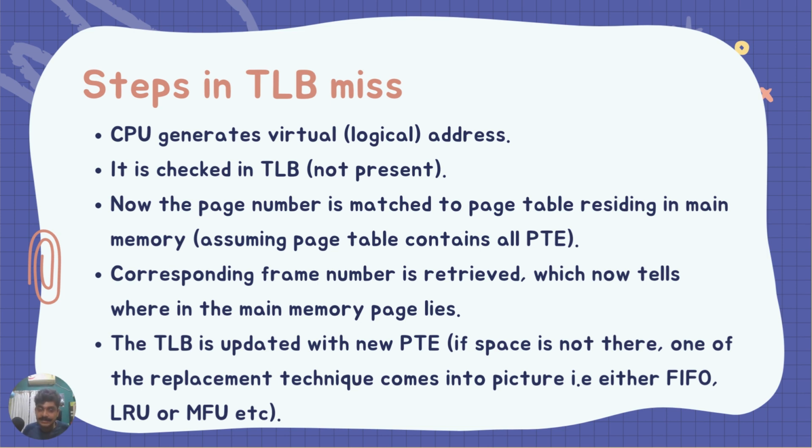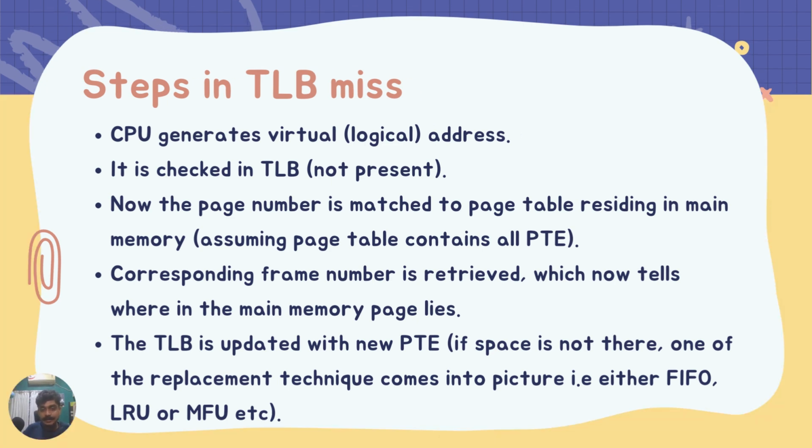LRU is least recently used, which means the entry that was not used for a long time is the one that is removed first, and most frequently used is the one that is being used a lot now, which is retained or removed. So these are the algorithms using which the entries in the TLB are managed if there is no space while updating a TLB.